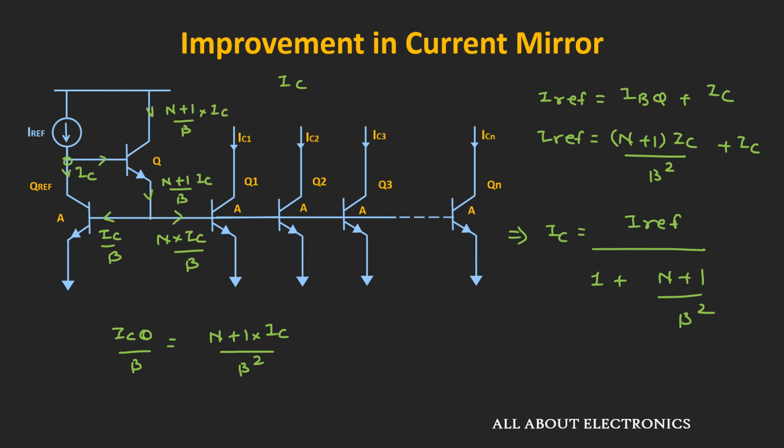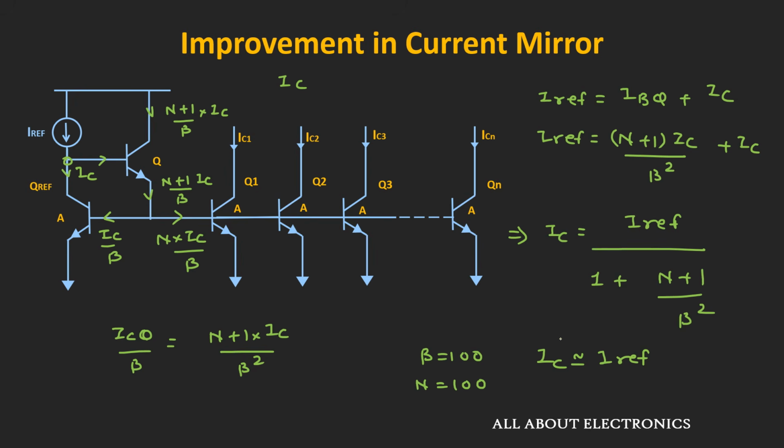So as you can see, now in the expression, instead of beta there is a beta square. So for example, if the value of beta is 100 and the value of n is also 100, in that case still this IC is approximately equal to I reference, or I would say that there will be only 1% error.